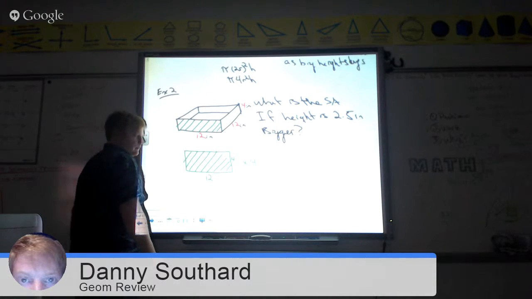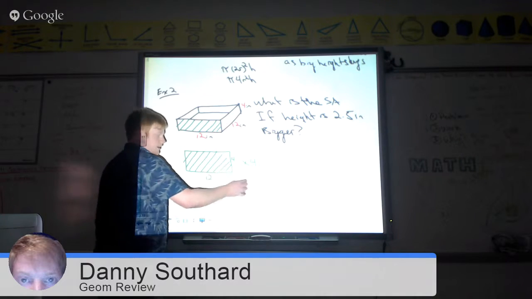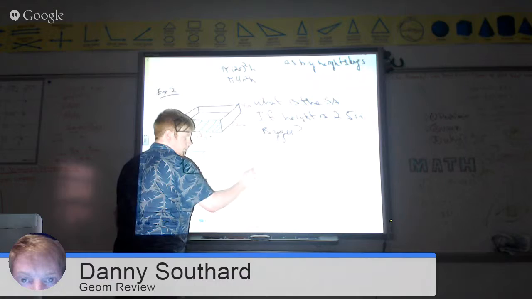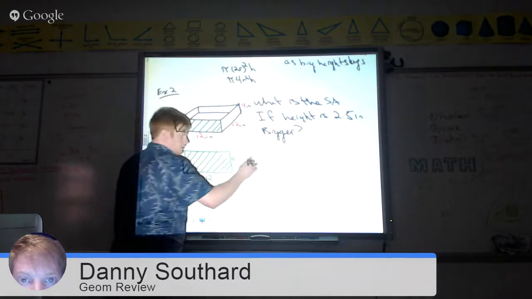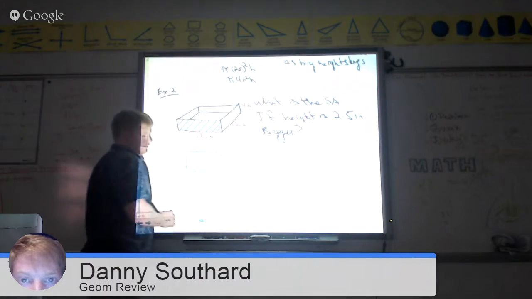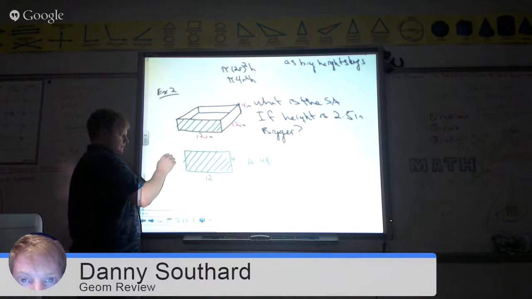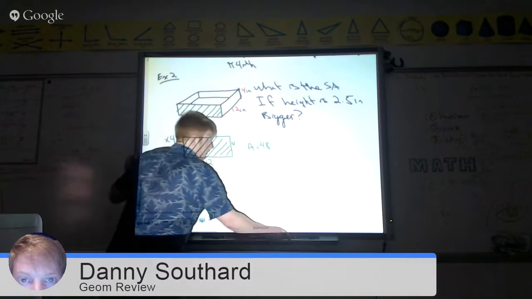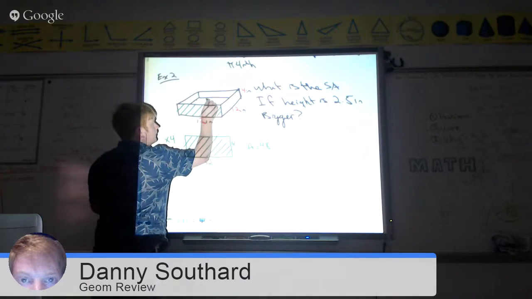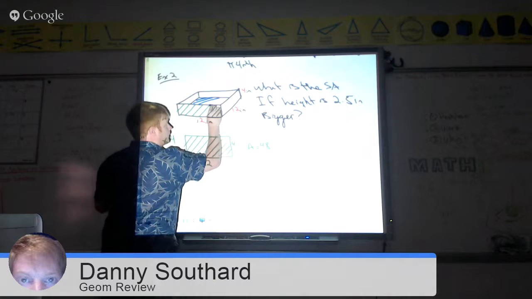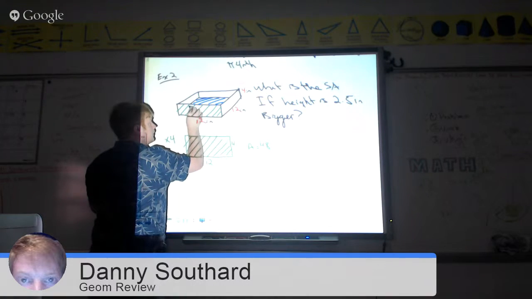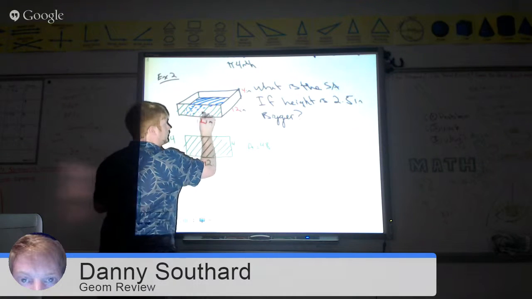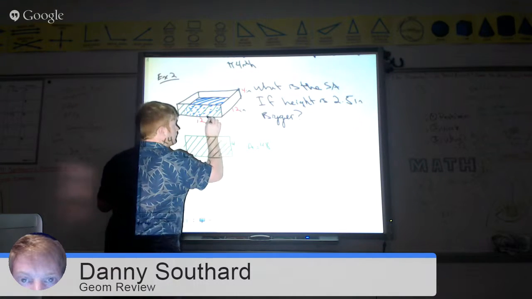So the area is 48 times 4, yes. So I have 4 of those, 2 144s. Okay. So couldn't you just find the surface area of the whole thing and then subtract 144?